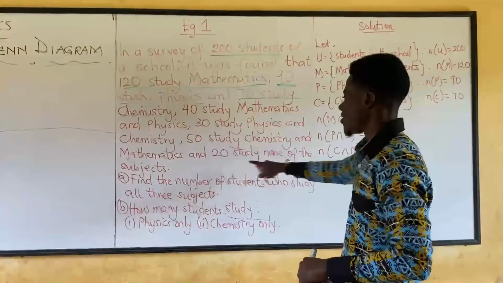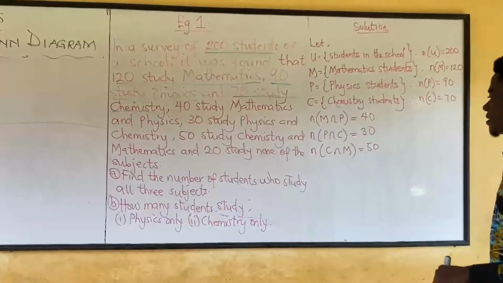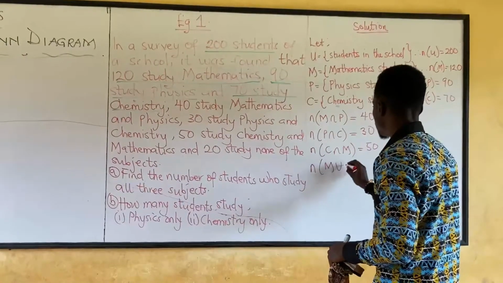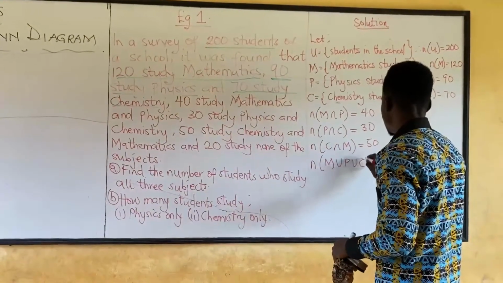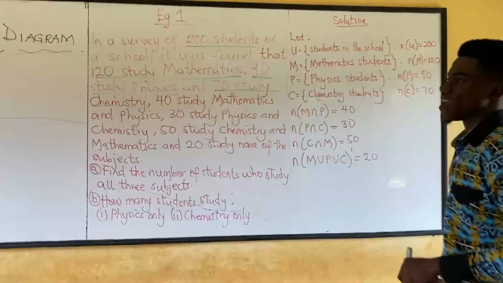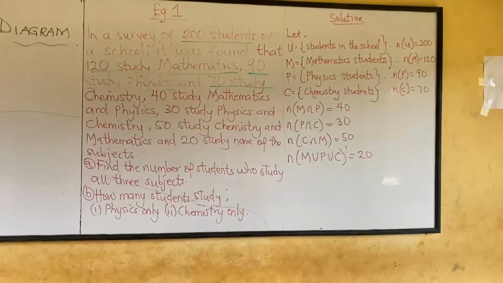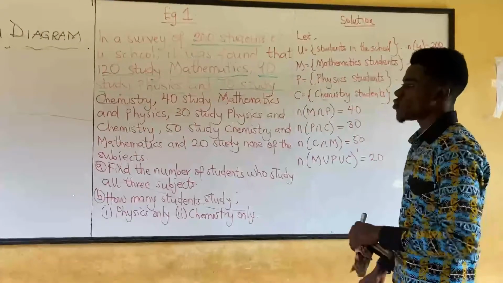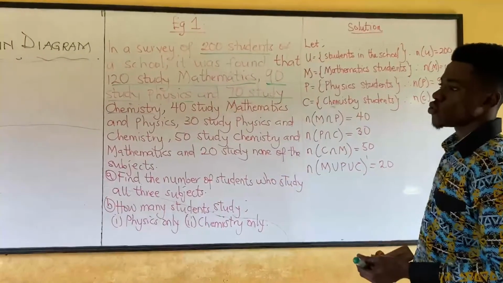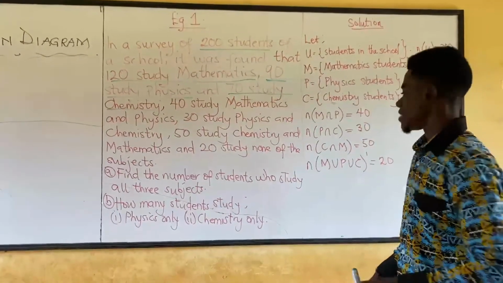20 study none of the subjects, so that is the complement. So that one is number of (M union P union C) complement. They are 20. They prefer none of the subjects under consideration. And we have to also let a variable represent those who are interested in all the three subjects.